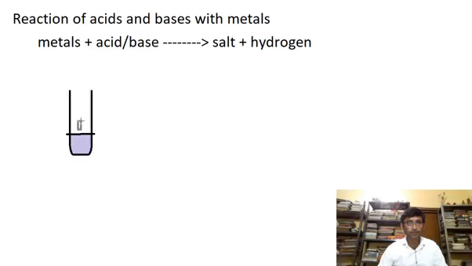When we put some strips of magnesium in this, what we shall see is there is a reaction and bubbles of some kind of gas are coming out. Now this gas that is evolved during this reaction is nothing but hydrogen.